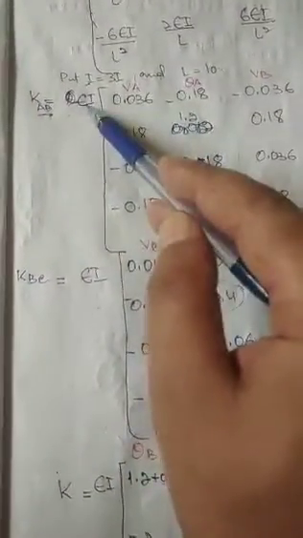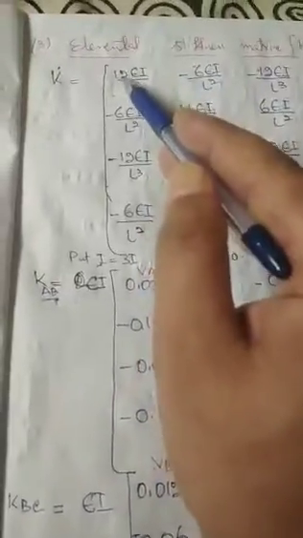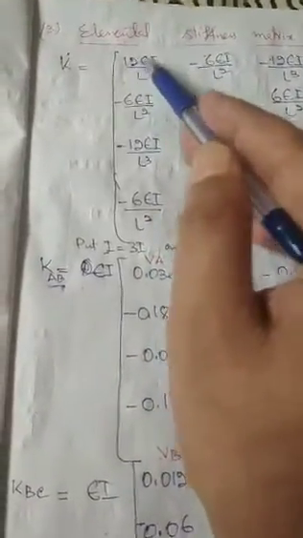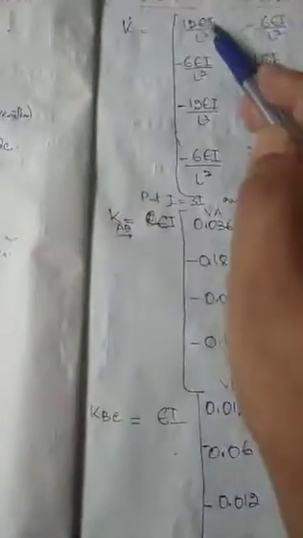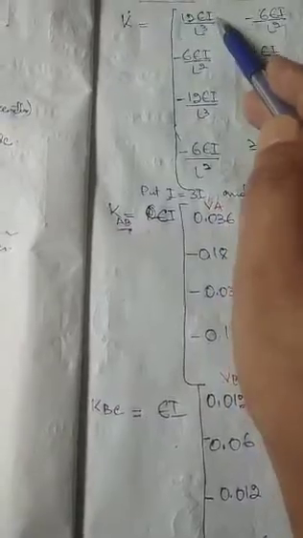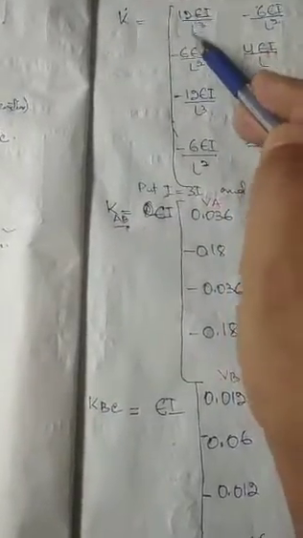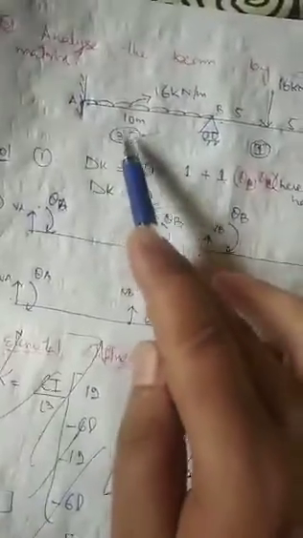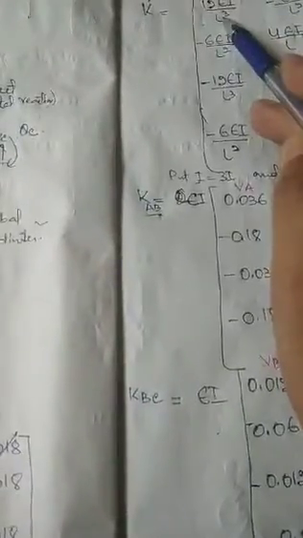In the AB portion EI is 3EI, so we put the value 3I here, and L cube is 10 meter cube.